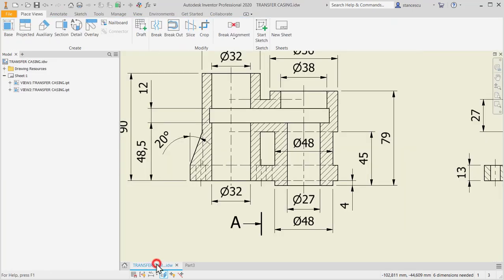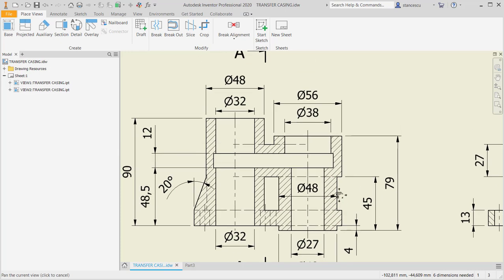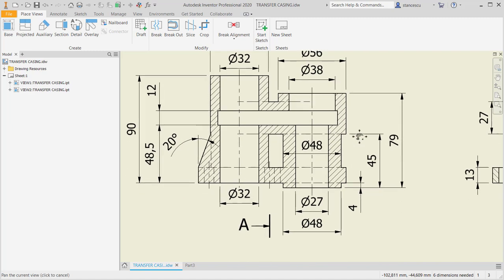Dimensions. Dimensions are 48 diameter with 56, 4 millimeters here, and 79 overall. The other dimension is 45.